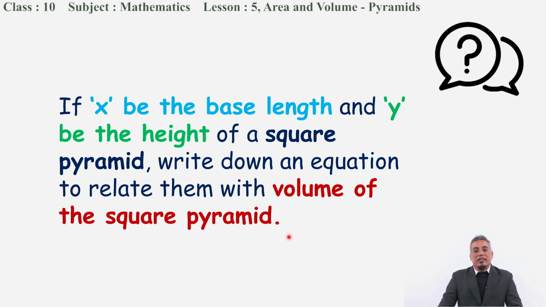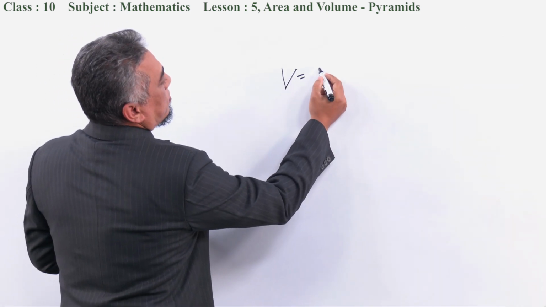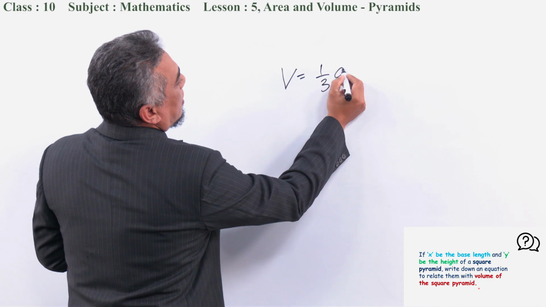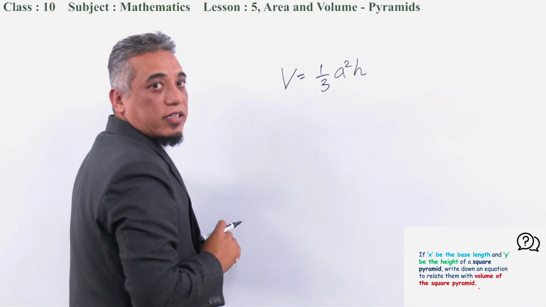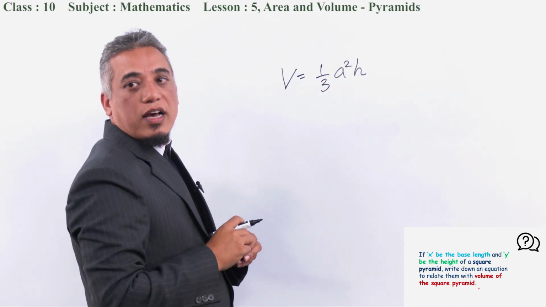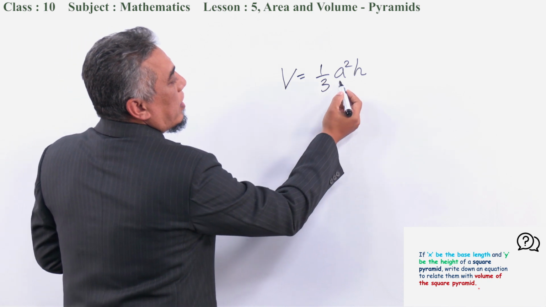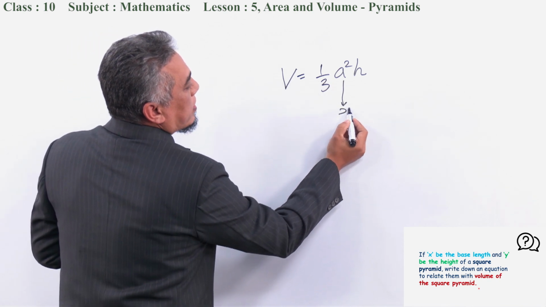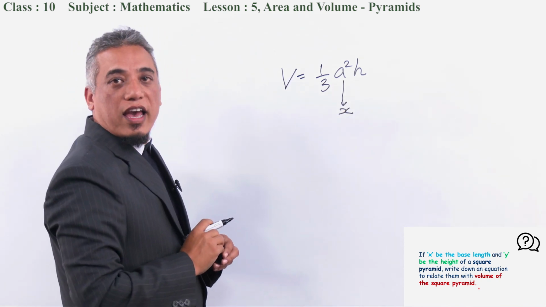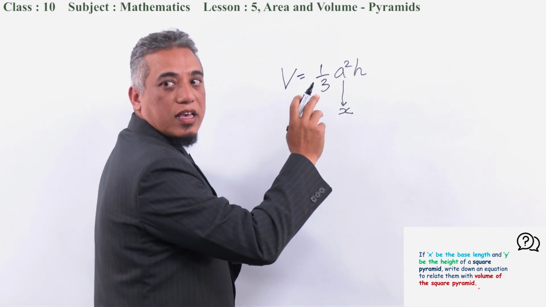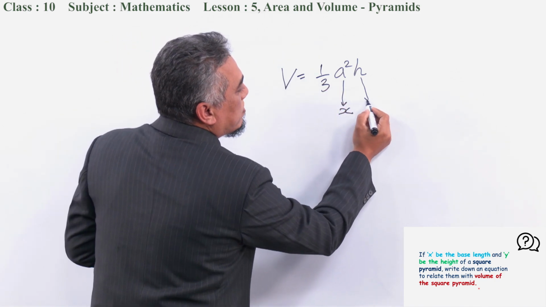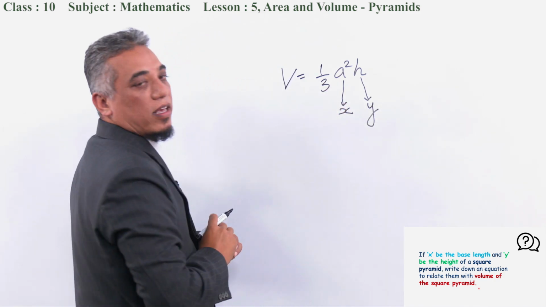Yes, correct. This simply asks you about the formula of volume. The formula of volume was V equals 1/3 a squared H. Now this question asks you that a is to be replaced by x and height is to be replaced by y.